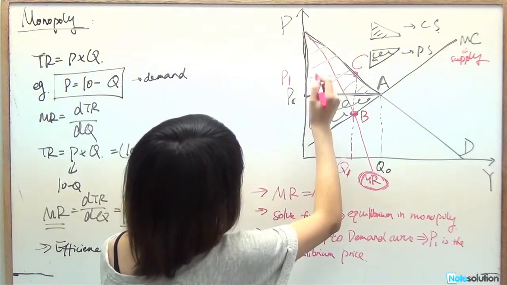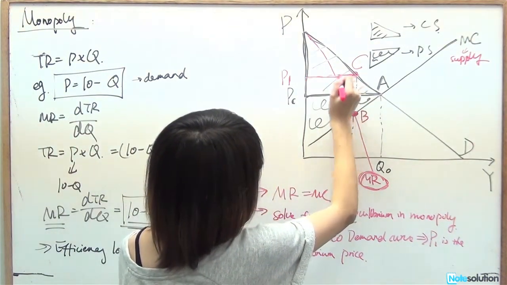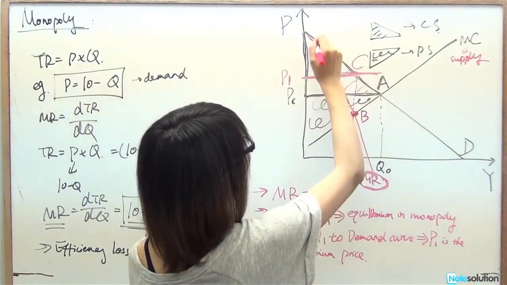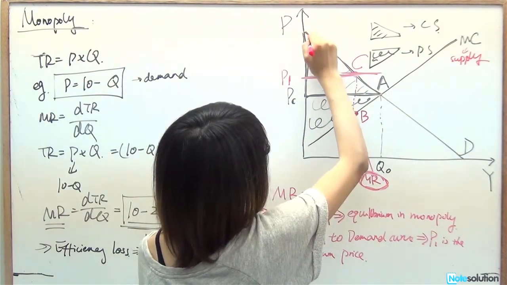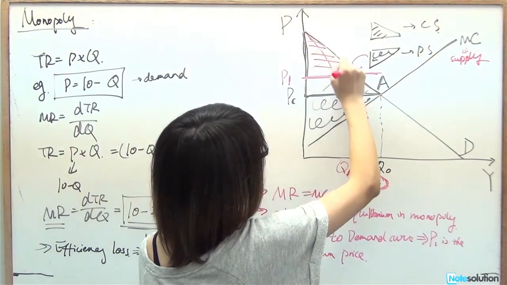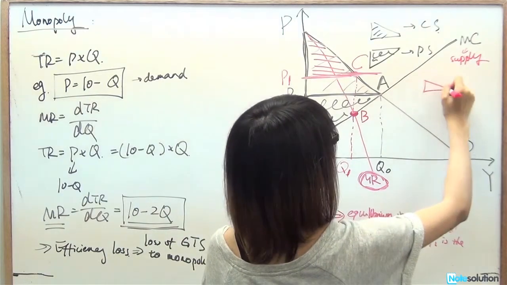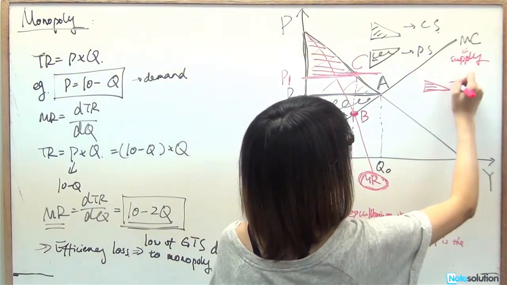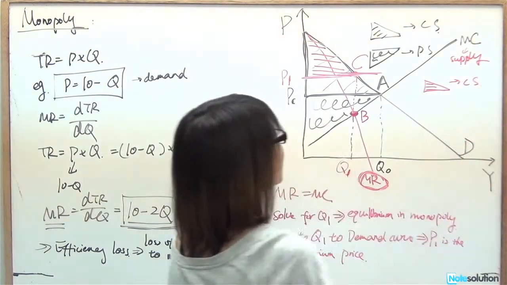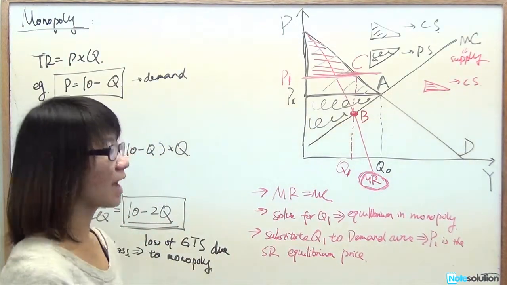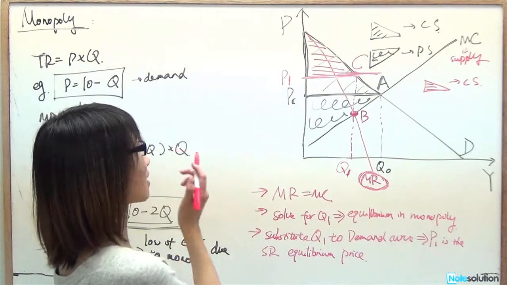For the monopoly market, the price paid by the consumers will be P1. So the top pink part will be the consumer surplus for the monopoly market. And we also have the producer surplus part.